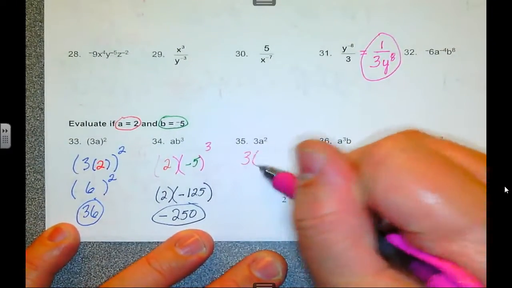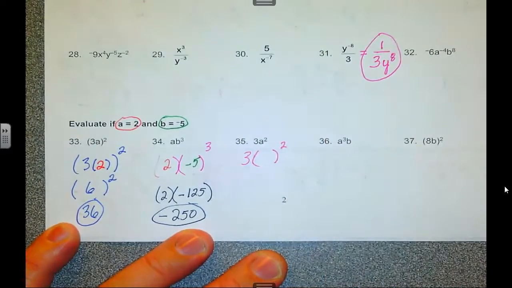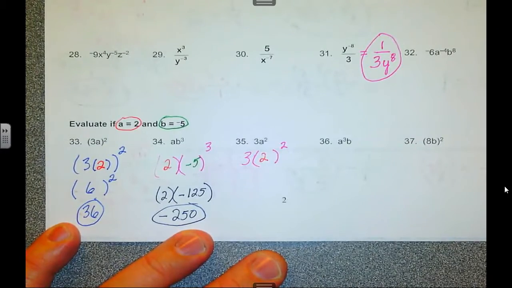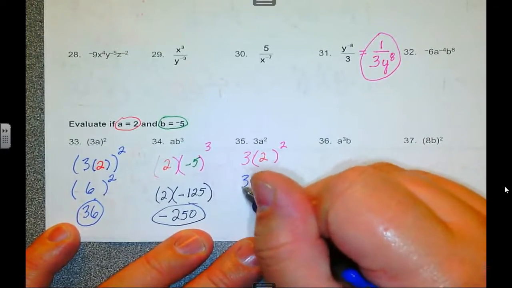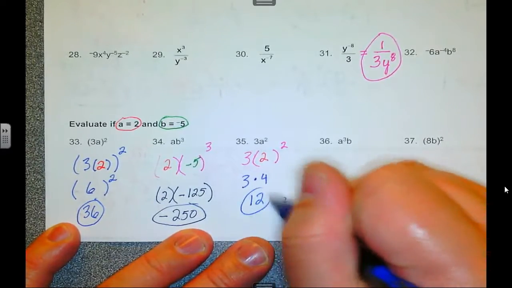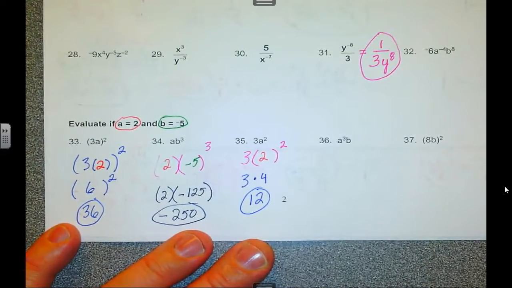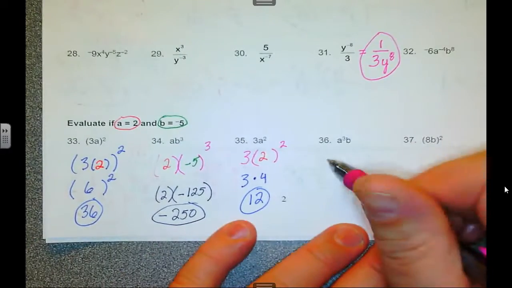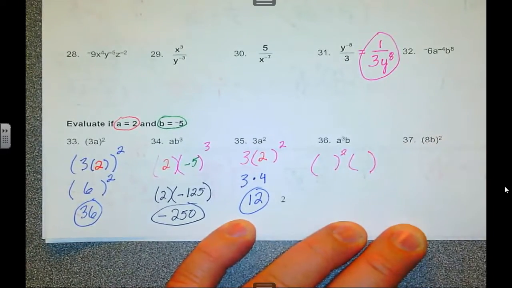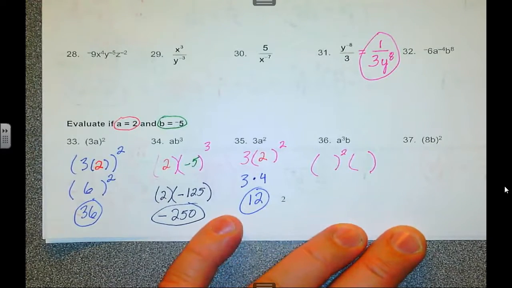Okay, 3 times A squared. A is 2. 2 squared is 4. I have 12. A cubed times B. A is 2.